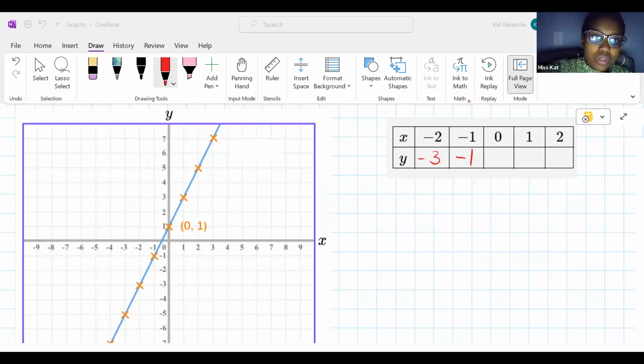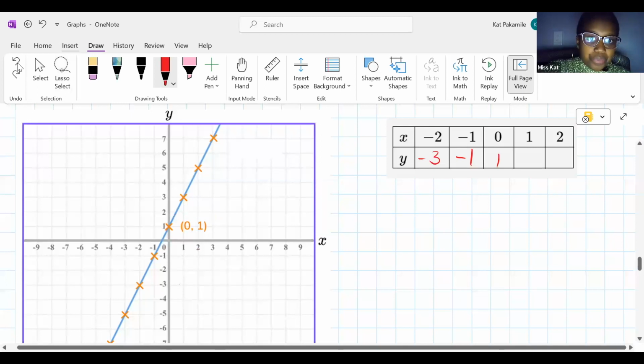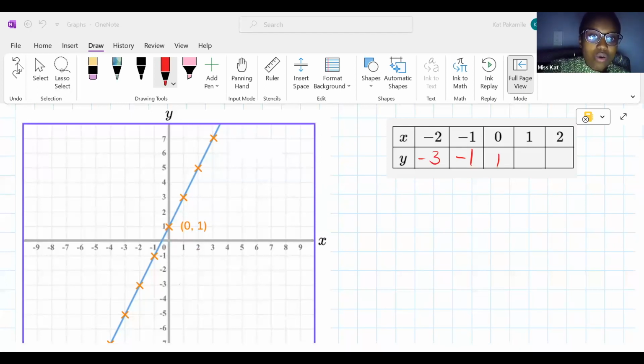Yes, Tando, I like how you wrote it as a coordinate. X is 0, Karabo says y is 1, and that is correct. They have written it for us here. Okay, if you could pay attention. That's correct. Remember, we don't spam the chat. You only send your answer or question once.